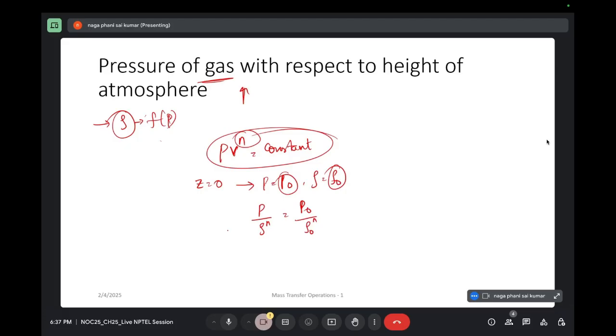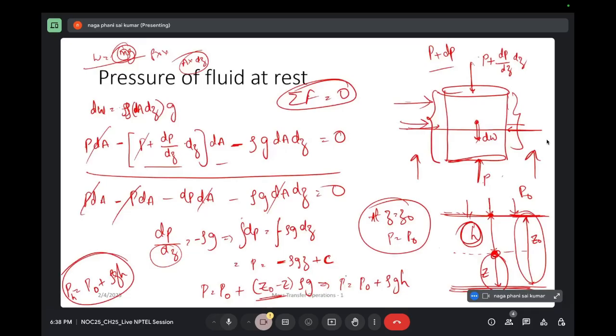If you differentiate this equation with altitude, that will be dP by dz is equal to minus rho g, in case of an ideal gas.